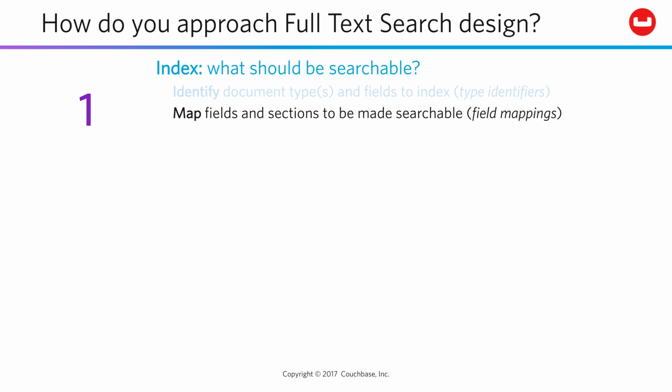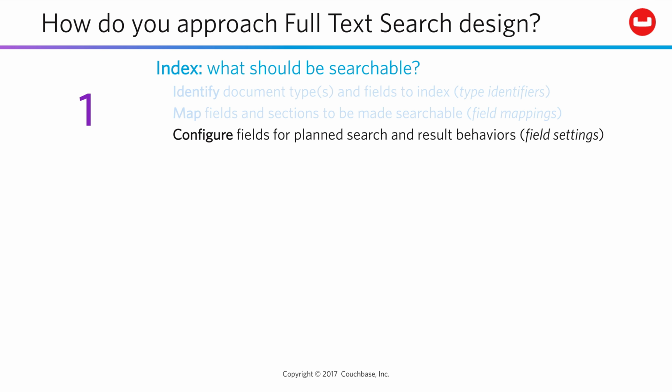Then you map the particular document sections and specific fields to be indexed and searchable. Last, you'll configure the individual fields to be indexed for their particular search type, generally meaning text, numeric, date, or Boolean, as well as related behaviors such as whether field data should be stored in the index for retrieval directly with the results.